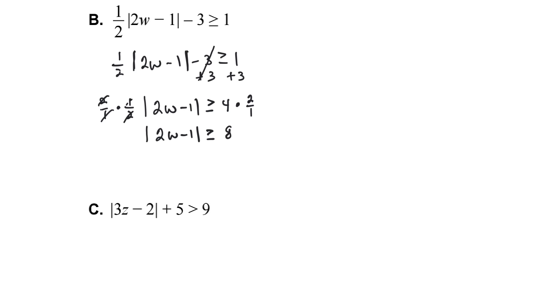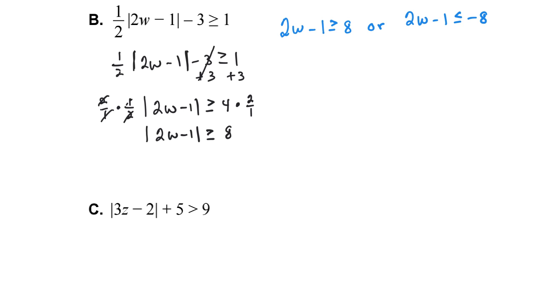You just want to have the absolute value on one side. So now I'm going to go ahead and write down my two possible answers. So we have 2w minus 1 greater than or equal to 8. And since it's greater, and you can hear the or, it's or. Then you have 2w minus 1 less than or equal to negative 8.